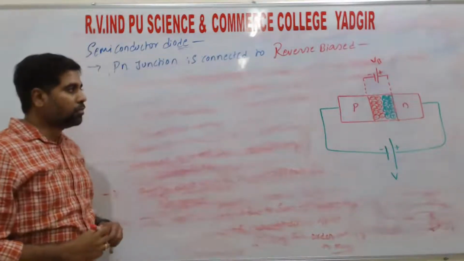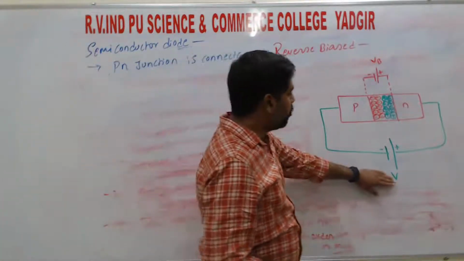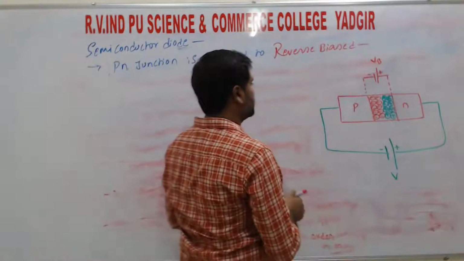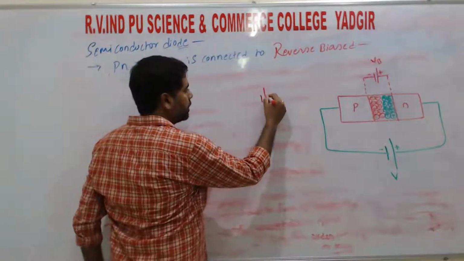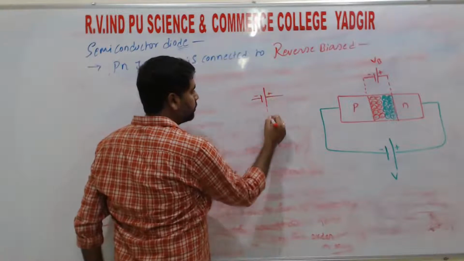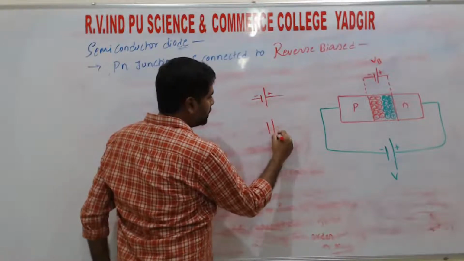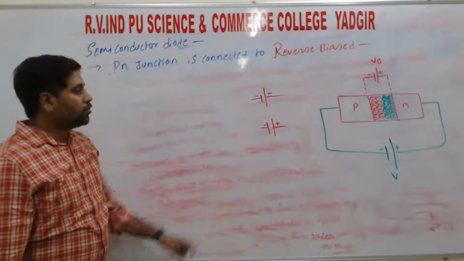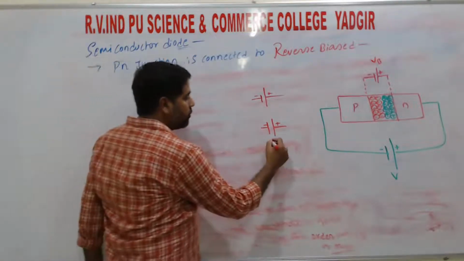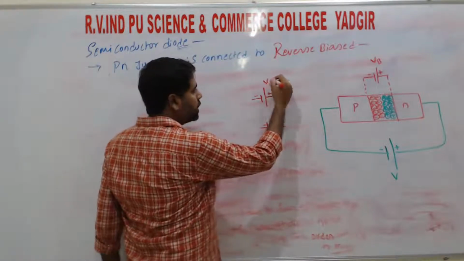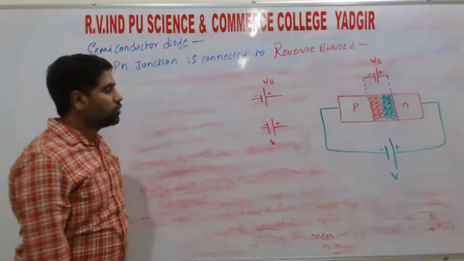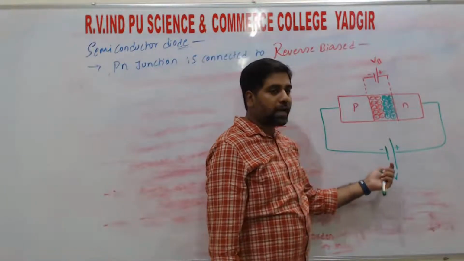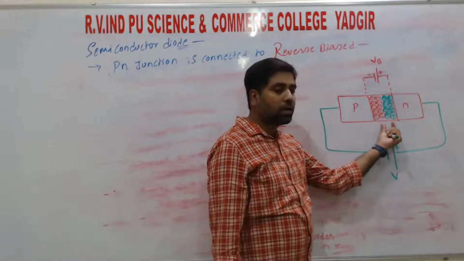Right. Now if we observe here, the applied voltage and the barrier voltage both are in the same direction. Here minus plus, so here also the applied voltage is minus plus, right? In forward bias, what happens? If these two are in opposite direction, the depletion layer goes on decreasing.